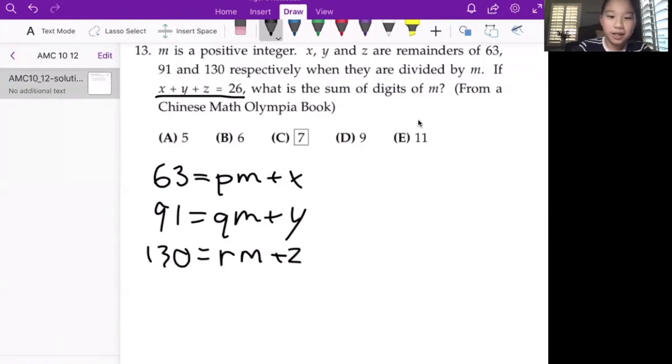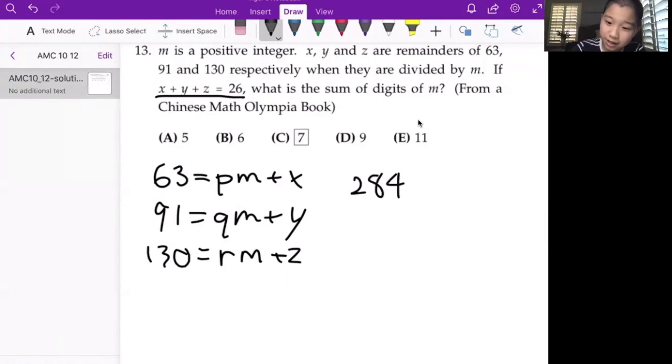So to get x plus y plus z, we can add those three equations up. 63 plus 91 plus 130 is equal to 284.